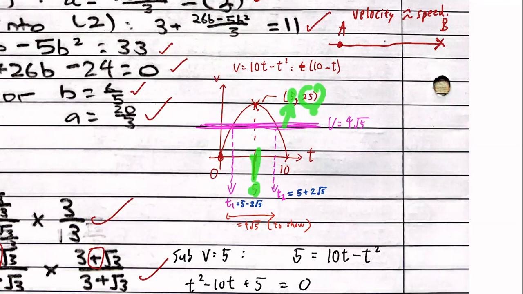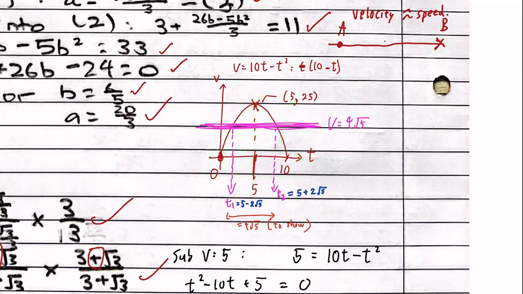Then how did I get this 25? Do you know how? Okay, when t is equal to 5. How do I know it's equal to 5? Because this is the maximum point. It's by symmetry. It's directly in the middle, in between 0 and 10.